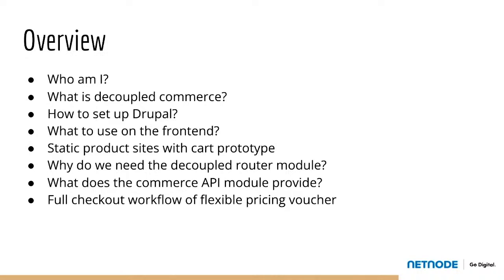Next, I will explain how you can leverage the decoupled router module and how this plays into this ecosystem. And I will also cover what the Commerce API module provides and how you can use that. And in the end, I will present a video of a fully fledged commerce checkout workflow that we used for a customer of ours.